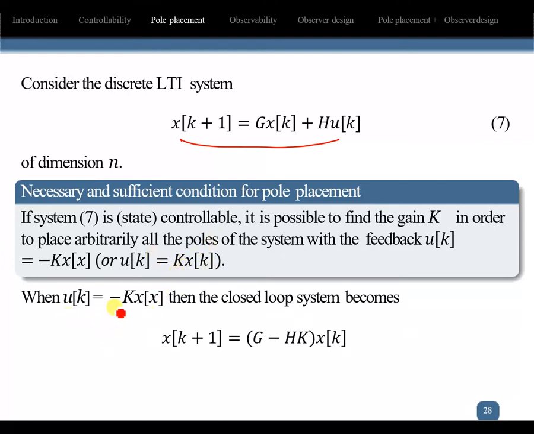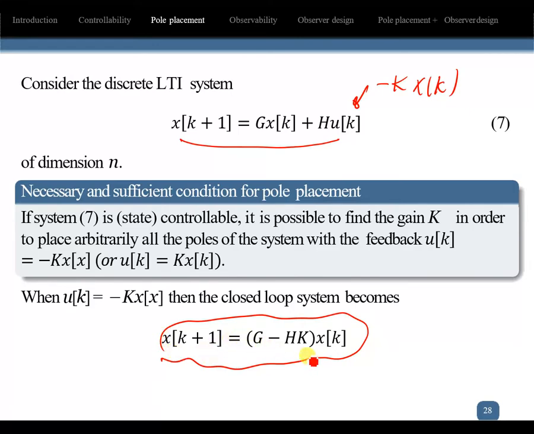Now with u(k) = -K x(k), the closed loop system becomes something like this. If you substitute u(k) here by -K x(k), you can find x(k+1) = (G - H K) x(k).